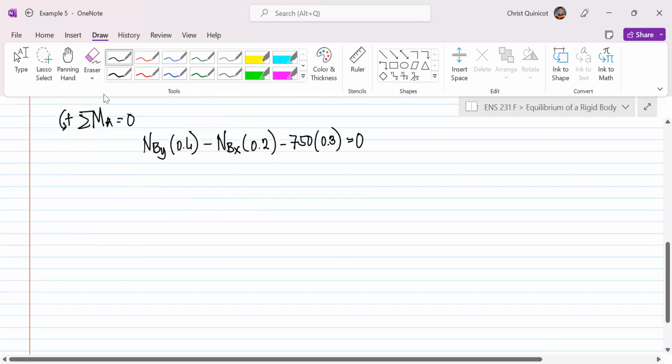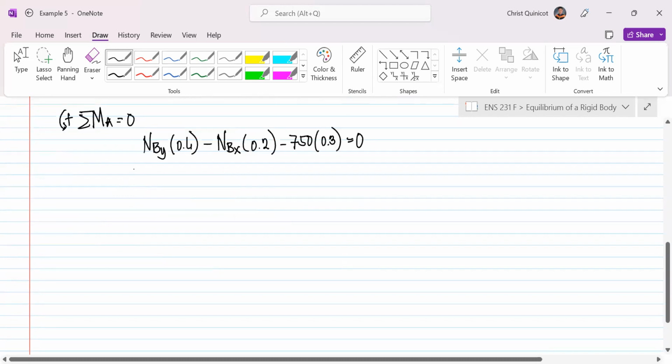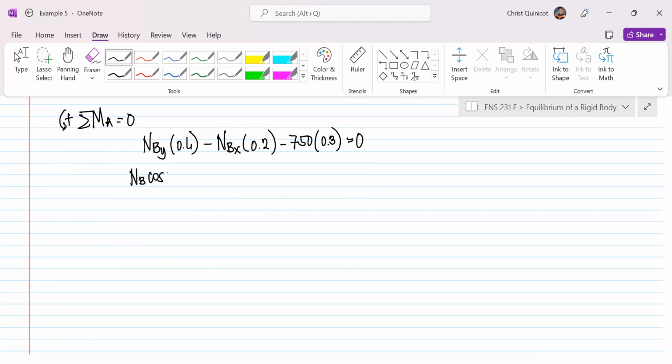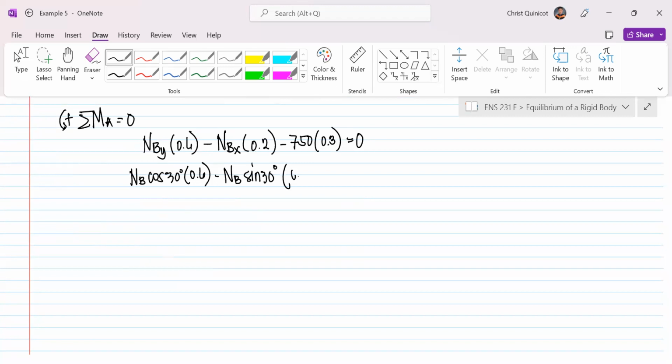Knowing that our 30-degree angle is measured from the vertical, N sub B Y becomes N sub B cosine 30 degrees times 0.6, minus N sub B sine 30 degrees times 0.2, minus 750 times 0.3 is equal to 0.